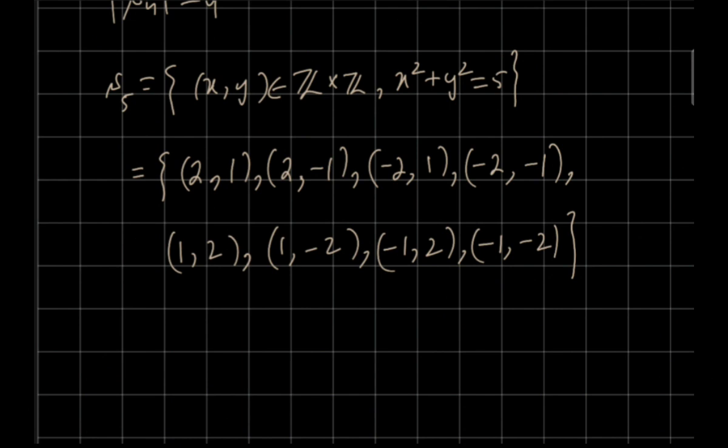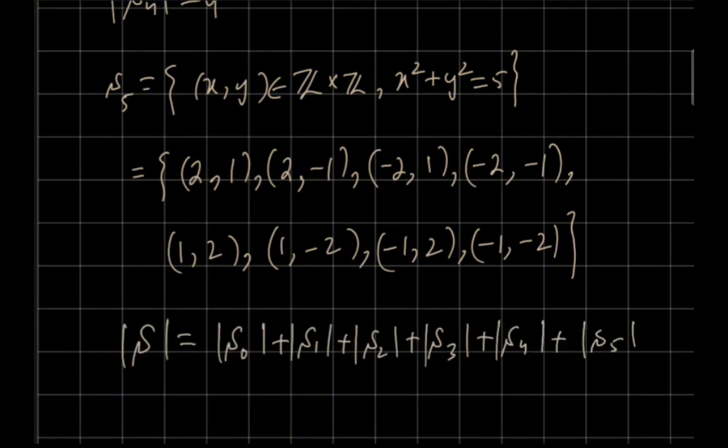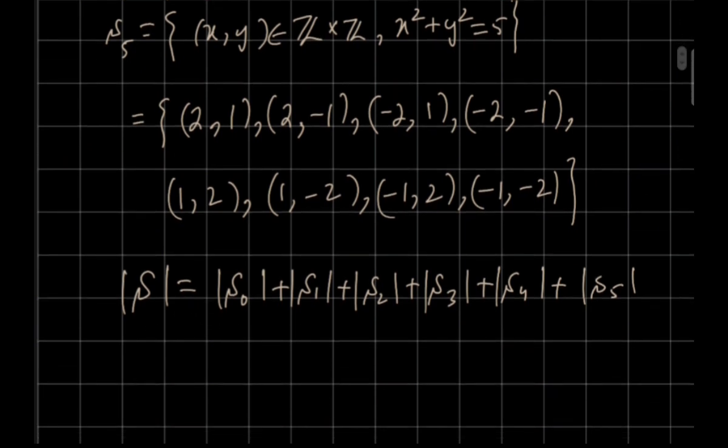So by the sum rule of counting in set theoretic form, we have the sum of cardinalities of all these sets: the cardinality of S0, then S1, then S2, then S3, then S4, then the cardinality of S5.